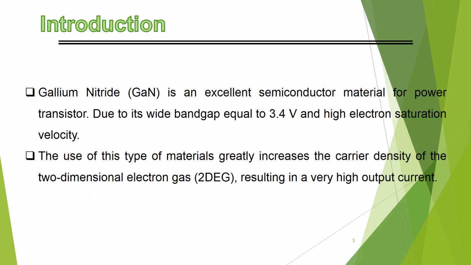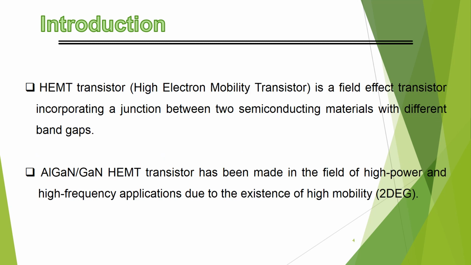Gallium nitride, GaN, is an excellent semiconductor material for power transistors due to its wide band gap equal to 3.4 volts and high electron saturation velocity. The use of this type of material greatly increases the carrier density of the two-dimensional electron gas, 2DEG, resulting in a very high output current.